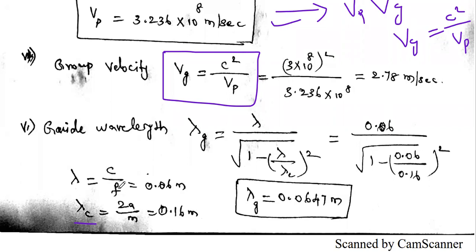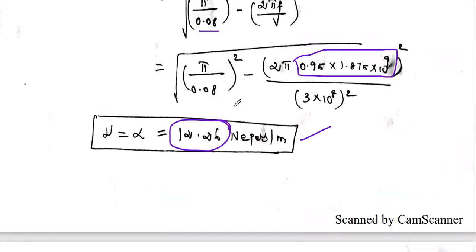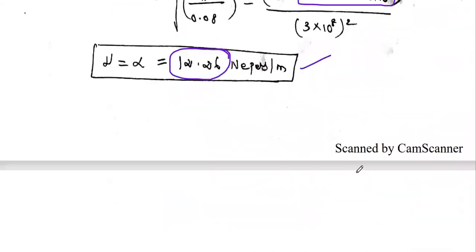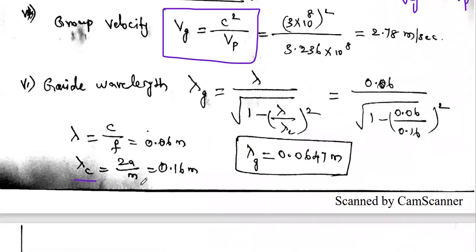The cutoff frequency we just calculated is 1.875 gigahertz. You may use the 2a by m formula, or otherwise the c divided by fc formula. You get 0.16 meter.